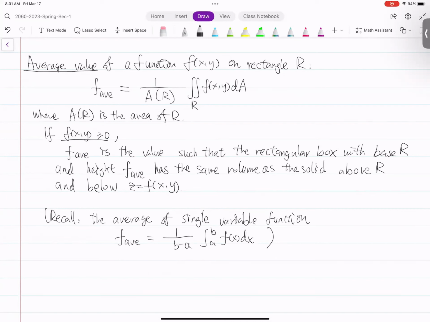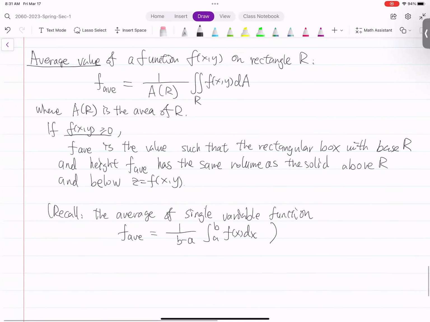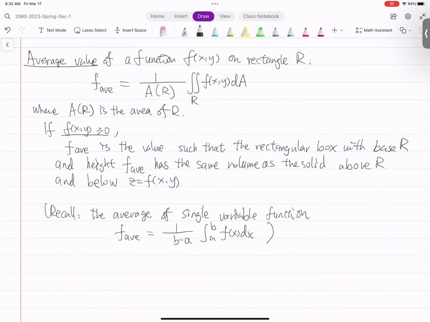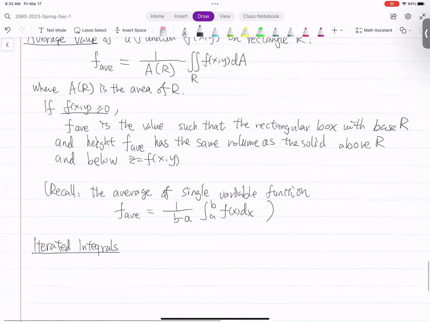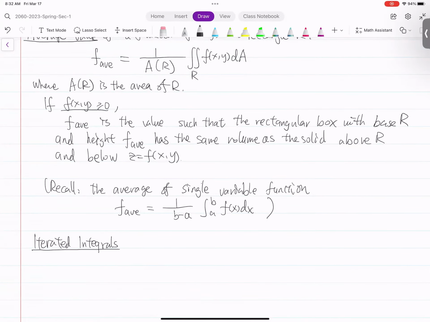All right, so these are the concepts. But now we directly go into the computational method, which is called iterated integrals. So it's a double integral. It's going to be an order, and we're going to show you how.